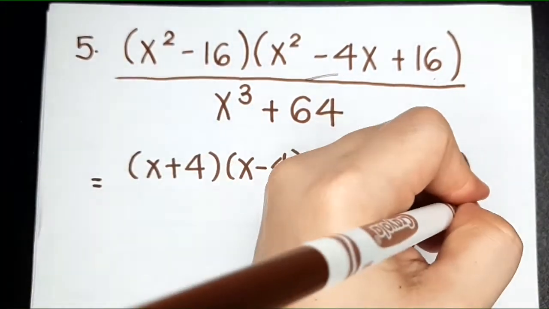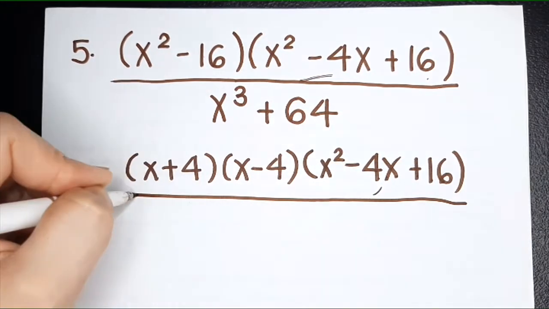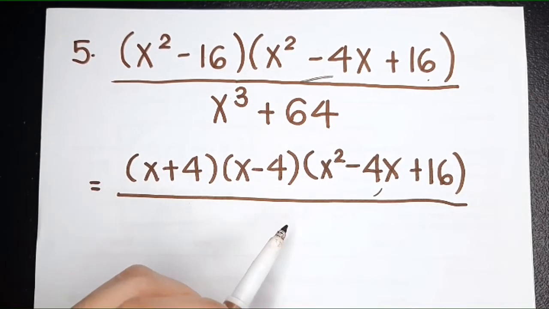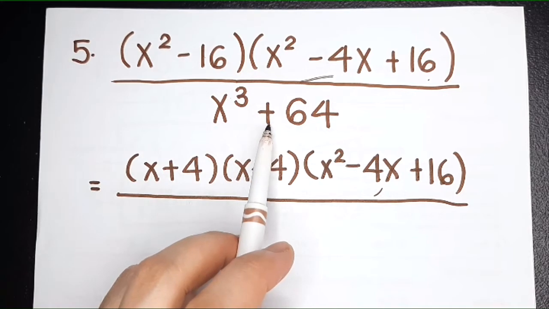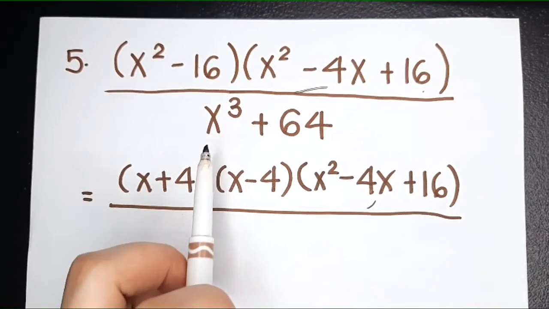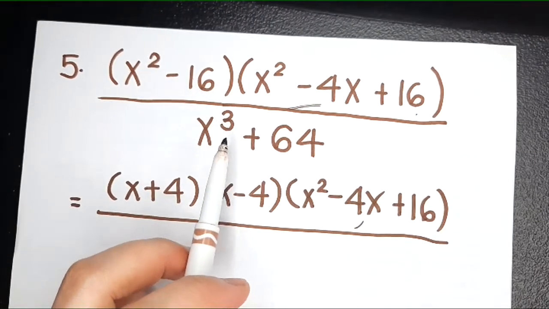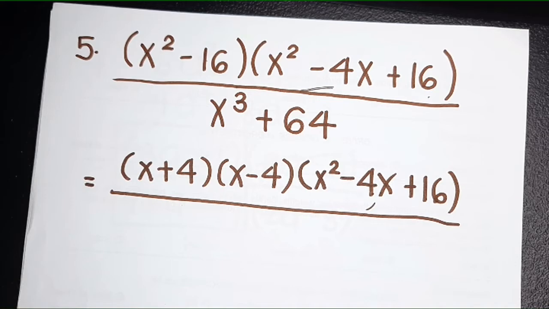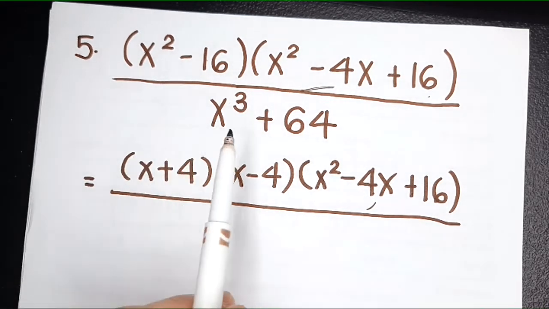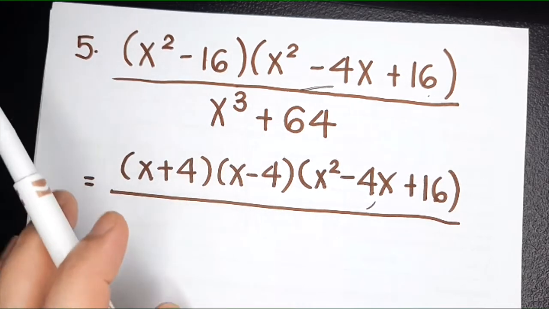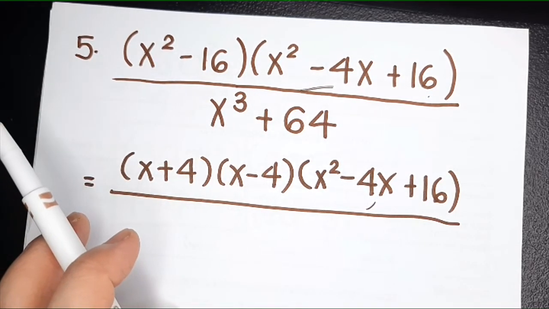Okay? What about our denominator? What are the factors? You have a binomial here. Well, kapag naman binomial, tapos nakita nyo sum, dapat ang maiisip nyo agad ay sum of 2 cubes.